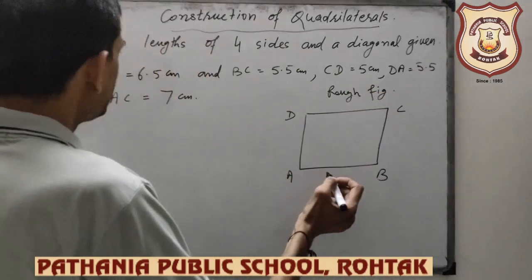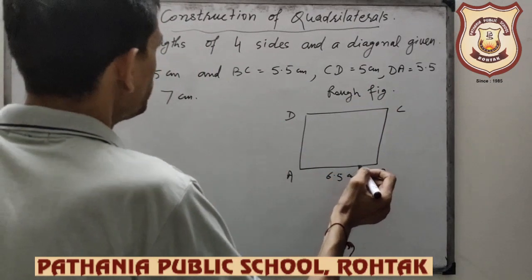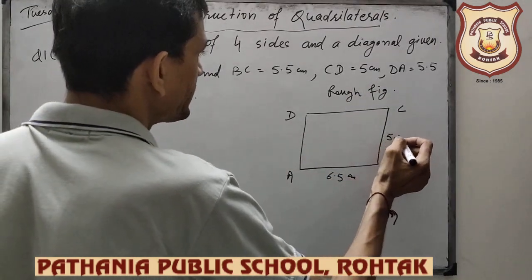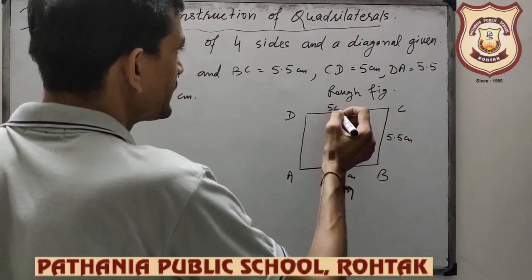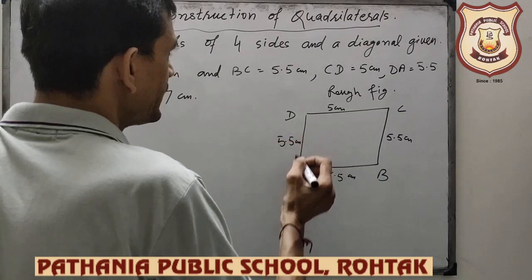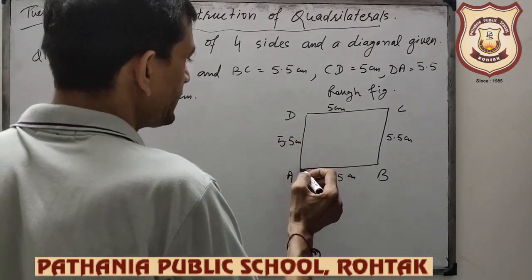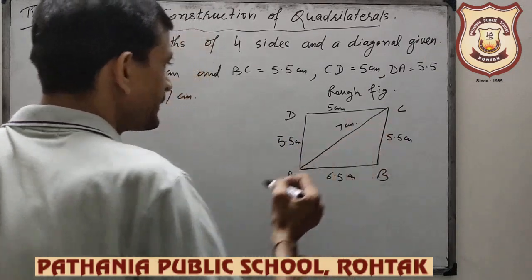Now write AB is 6.5 centimeter, BC is 5.5 centimeter and CD is 5 centimeter, DA 5.5 and AC is 7 centimeter. This diagonal is given. This is 7 centimeter.